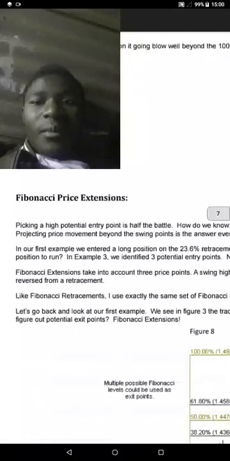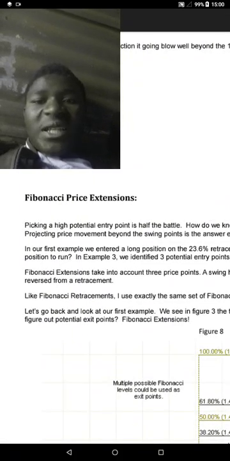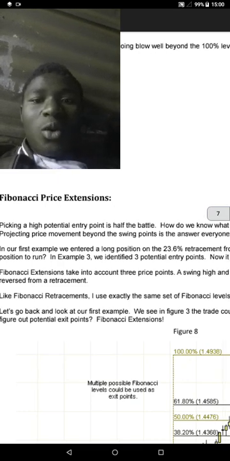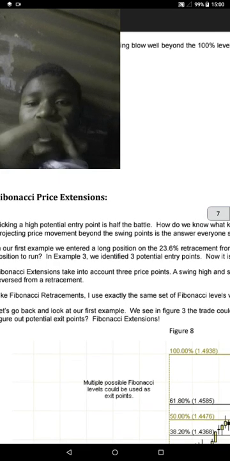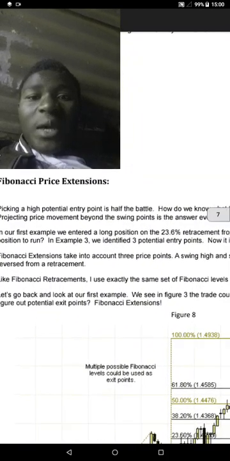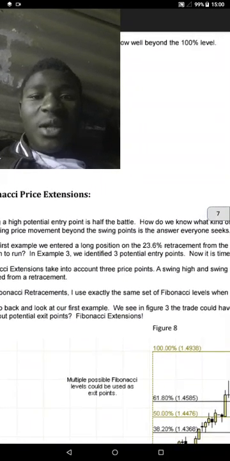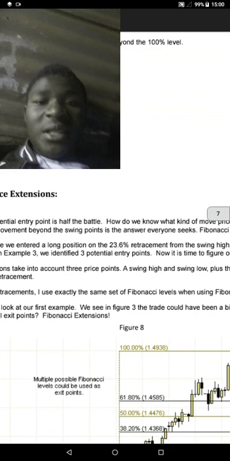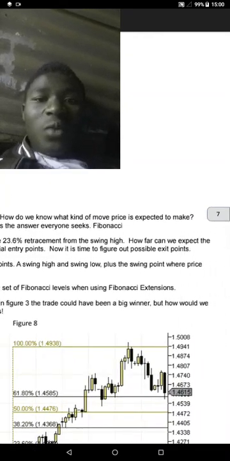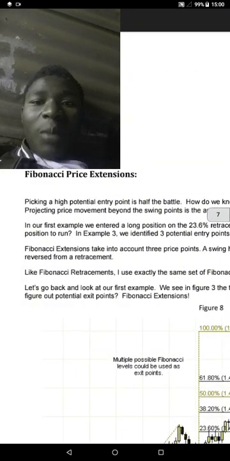Fibonacci. In our first example, we entered a long position on the 23.6% retracement from the swing higher. How far can we expect the position to run?